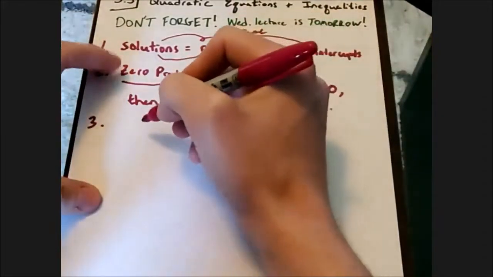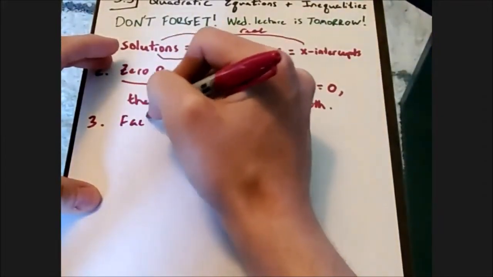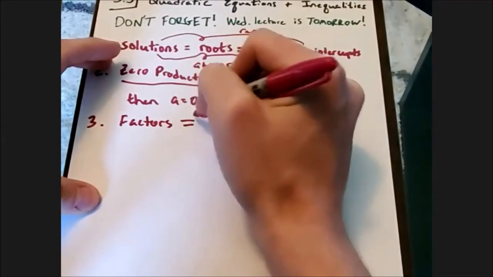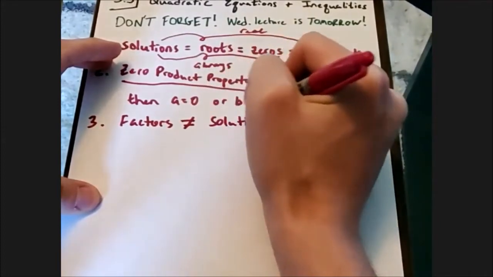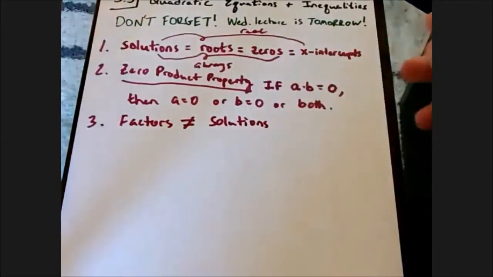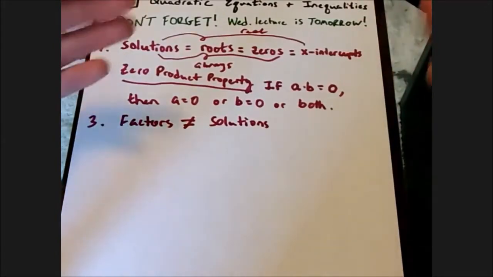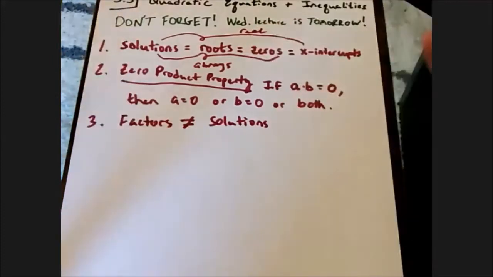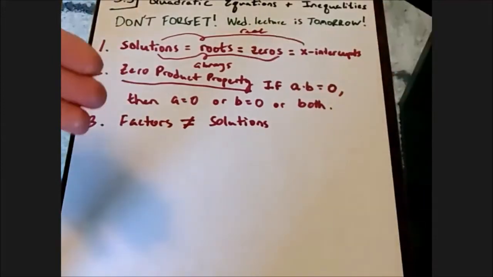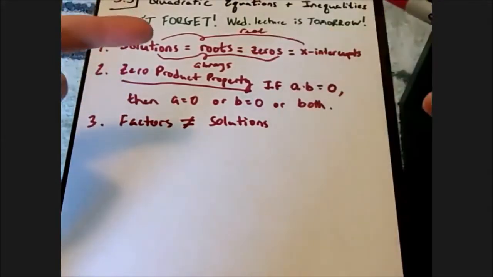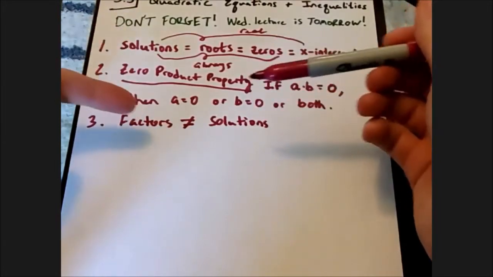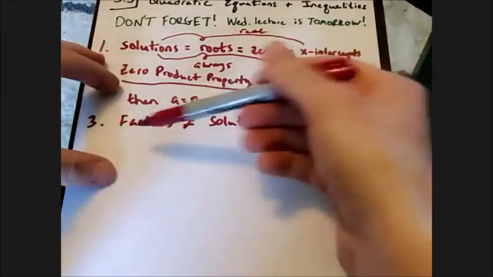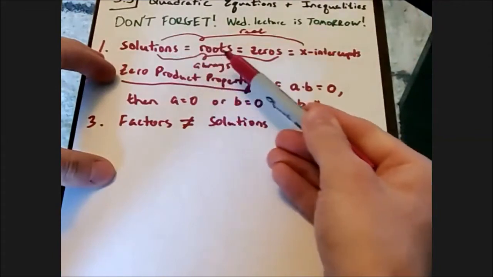Those are just numerical values. So what we need to make sure we understand is the difference between factors and solutions and how they are not the same. Factors are something different. Factors are the things that multiply to make whatever you're talking about. Solutions are not that. Solutions are zeros, roots, and x-intercepts. And what happens is students end up getting those confused, but you'll notice factors is not listed anywhere in that list there.